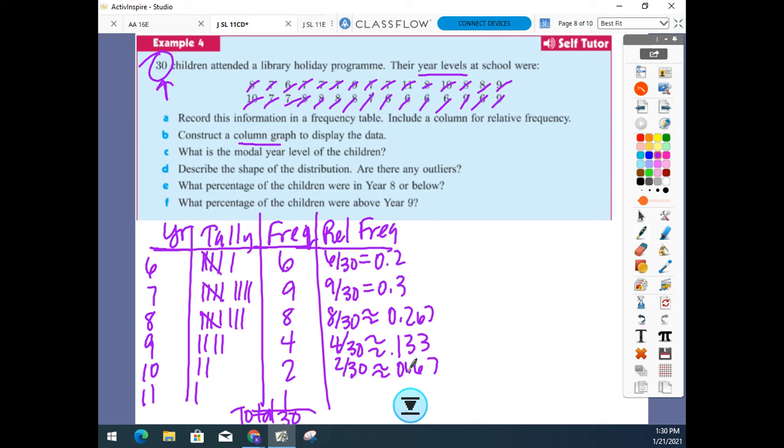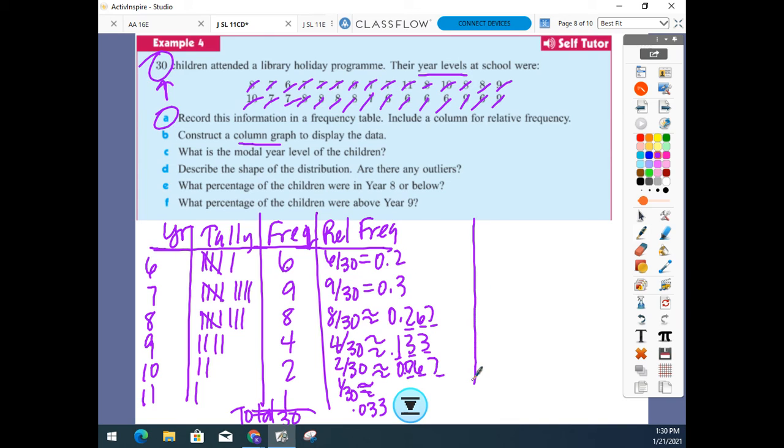And notice, this should be a 0.067. Notice I'm always going 3 decimals. And then 1 out of 30 is approximately 0.033. All right, so this is our letter A.